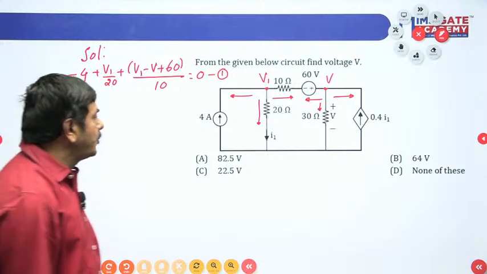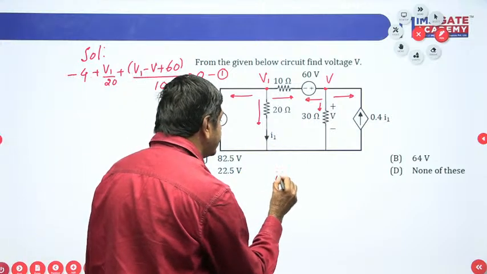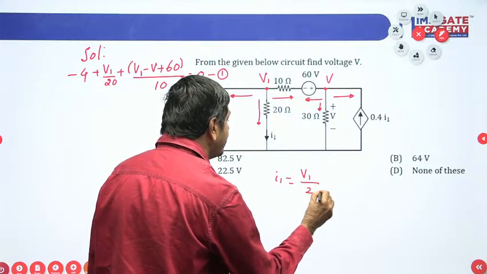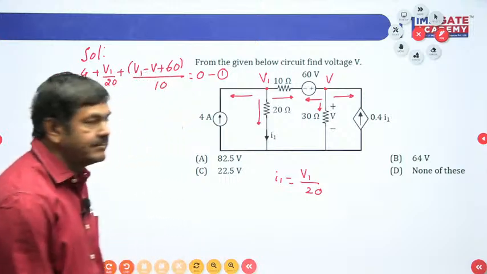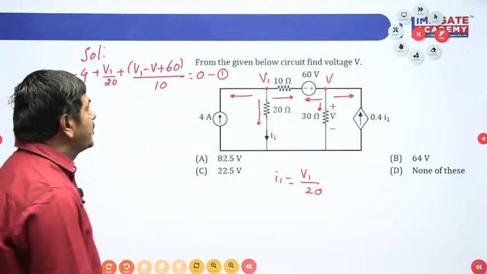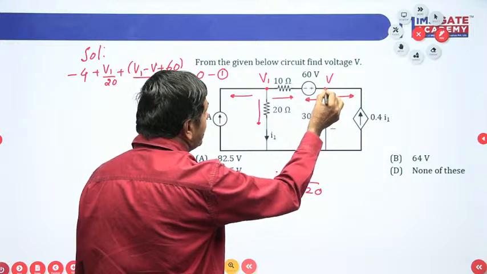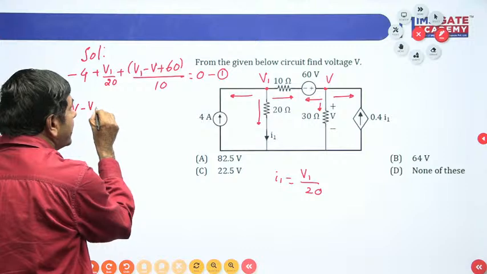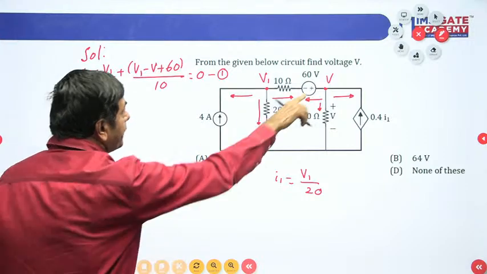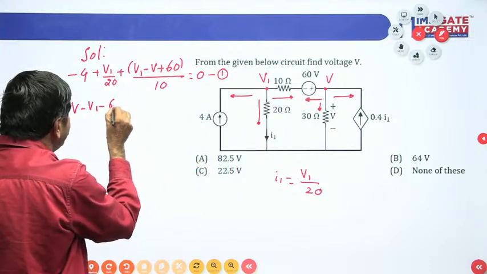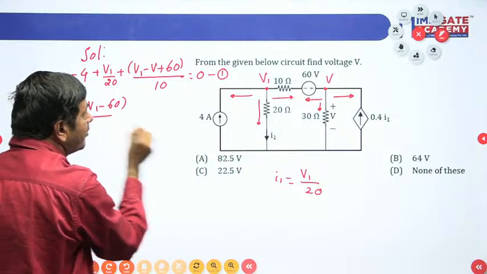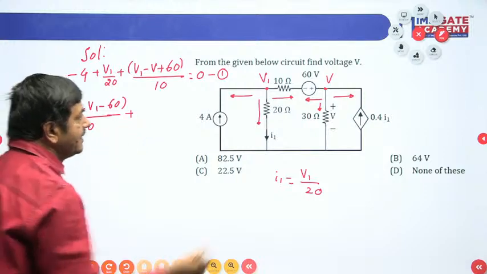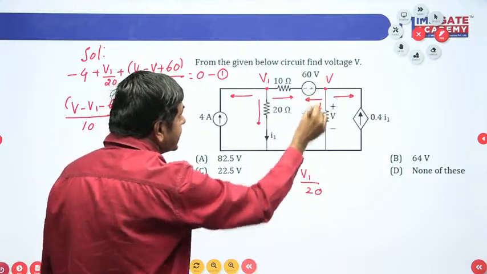From the given circuit, you know very well what I1 is here. The I1 is nothing but V1 by 20. I wish to get the second equation by using this node. V minus V1, V minus V1 minus 60, divided by 10 ohms, plus this current is nothing but V by 30.